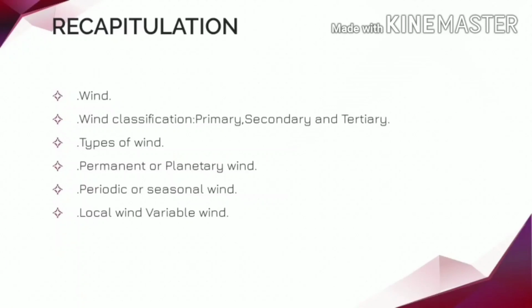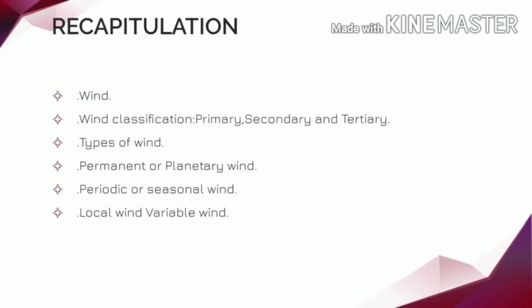Then we have the types of wind. There are four main types of wind: the permanent or planetary wind, periodic or seasonal wind, local and variable winds. Under permanent wind come the trade winds, westerlies and polar easterlies.